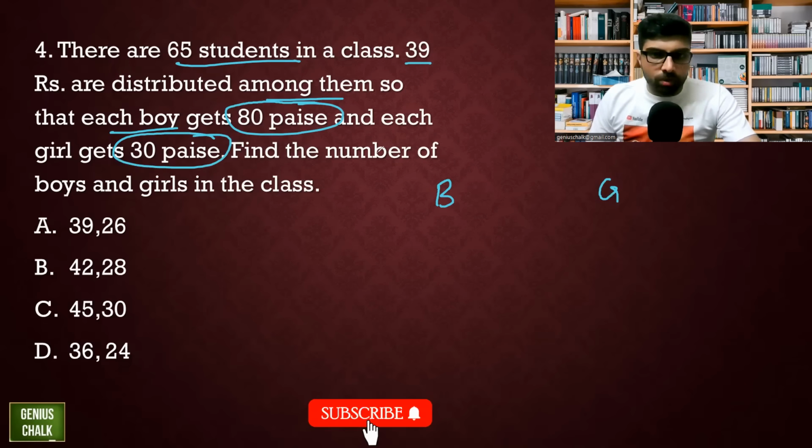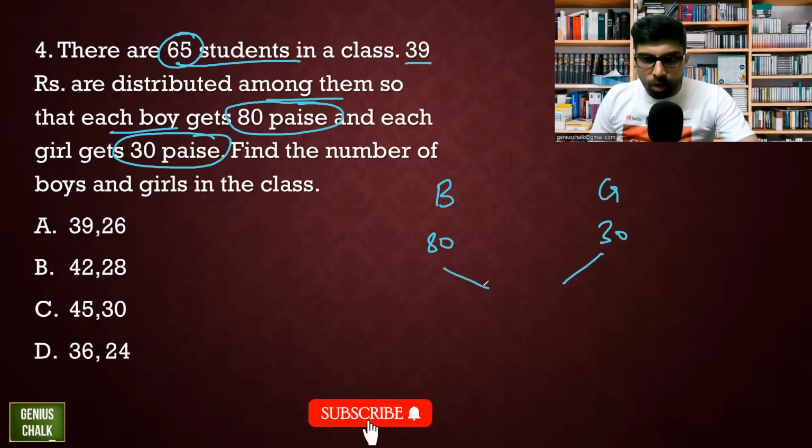Okay, so let's see, the total students are 65. Each boy is getting 80 paise, each girl is getting 30 paise. Let's see overall how much they will get. Overall money is 39 rupees, so I can write 3900 paise, and this is distributed among 65 students.